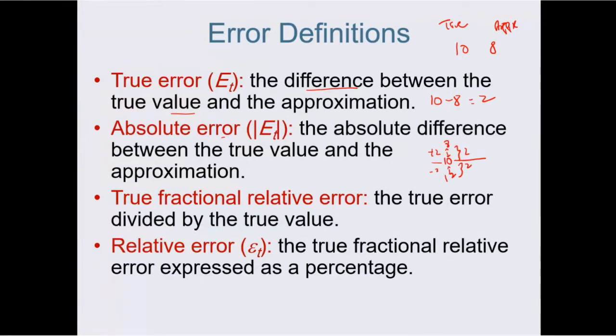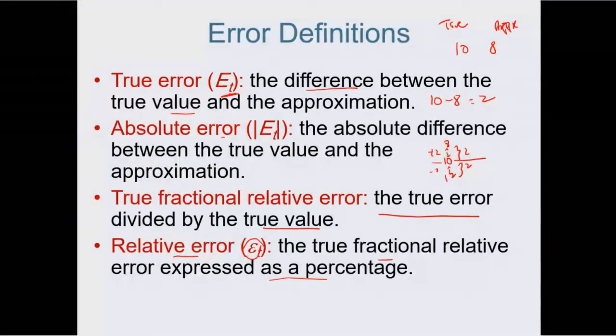Then we have what we call the true fractional relative error. That is the true error divided by the true value. And we have the relative error, which is given by epsilon t, the true fractional relative error expressed as a percentage. So whatever you get here, you just multiply it by 100.